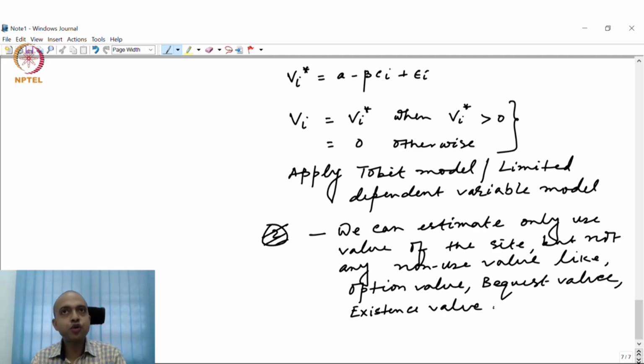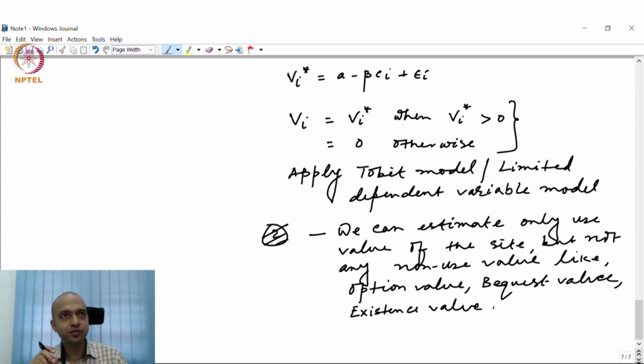So this is about the estimation of the model. A limited dependent variable model should be applied. It captures information only from the visitors, that means those who are using it. So non-users' values are not captured, like option value, bequest value, existence value.